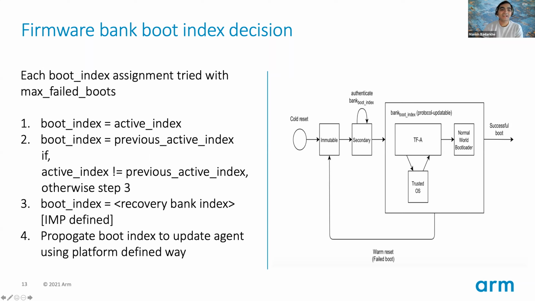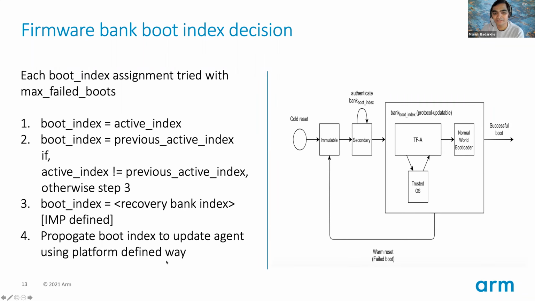Now consider the active index is updated by the update agent, and it tells that all the new firmwares are lying in this active index. But then TFA decides not to go with the active index and goes with the previous active index. Then it becomes necessary to propagate that information to the update agent. This is again a very platform defined way to pass whatever boot index we derived to the update agent.